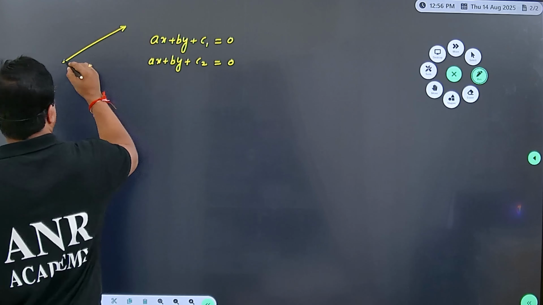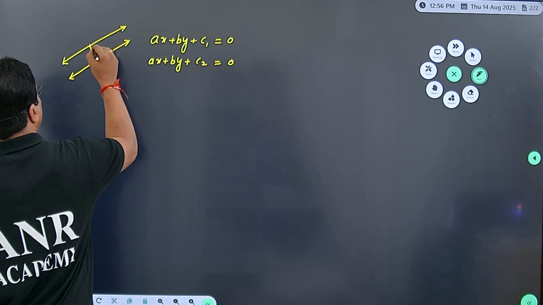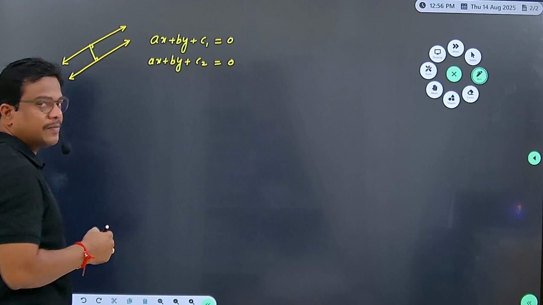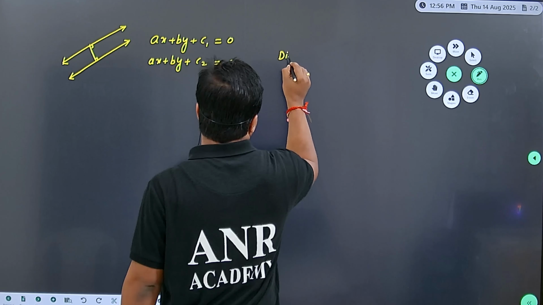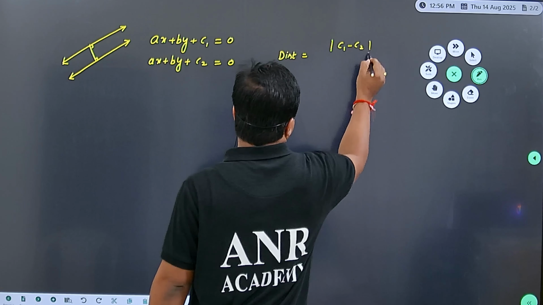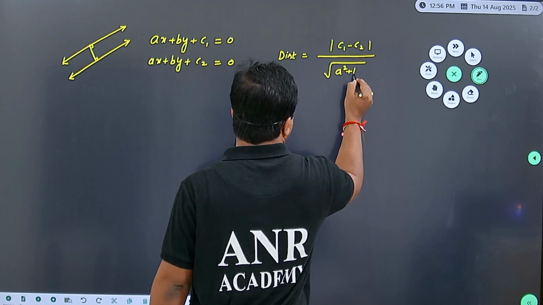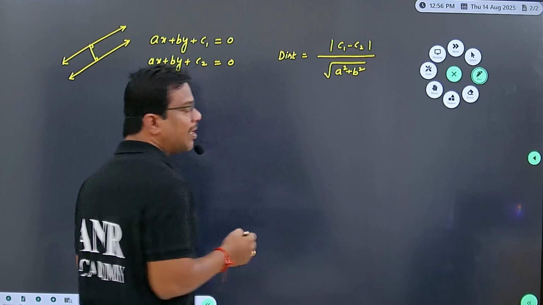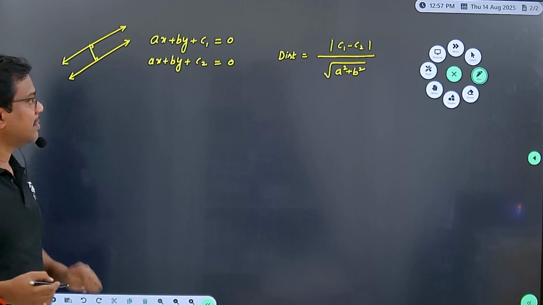These two are parallel lines. Then to find the distance between these two parallel lines, you have to use this formula. Distance equal to modulus of c1 minus c2 whole divided by root over a square plus b square. This formula we have to apply to find the distance between given parallel lines.